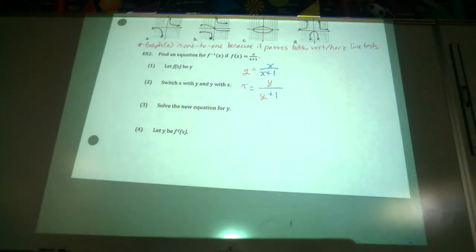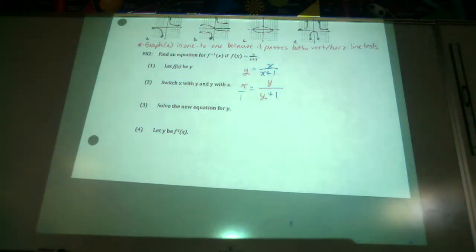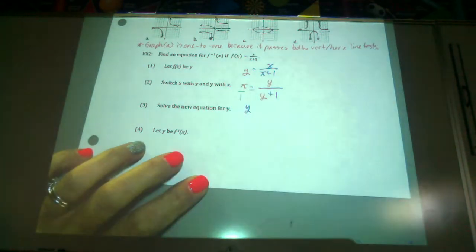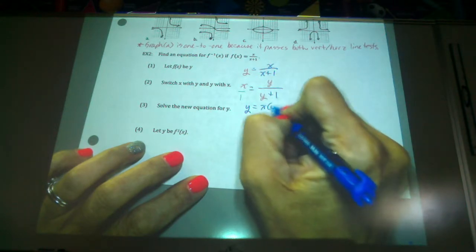So in this particular example, I happen to have a fraction equaling a non-fraction. Hence, I turn that into a proportion, cross multiply and solve. So that's what I'm going to do. So I get 1 times y is y. And then I've got x equals x times y plus 1.